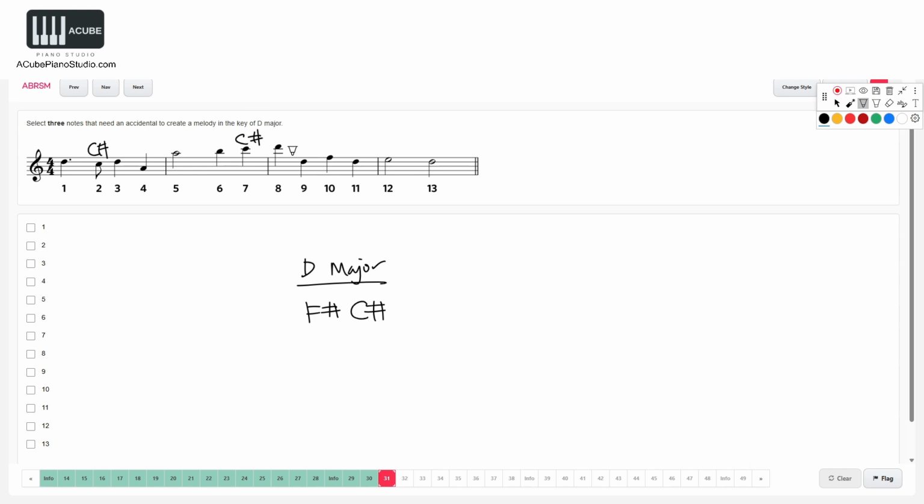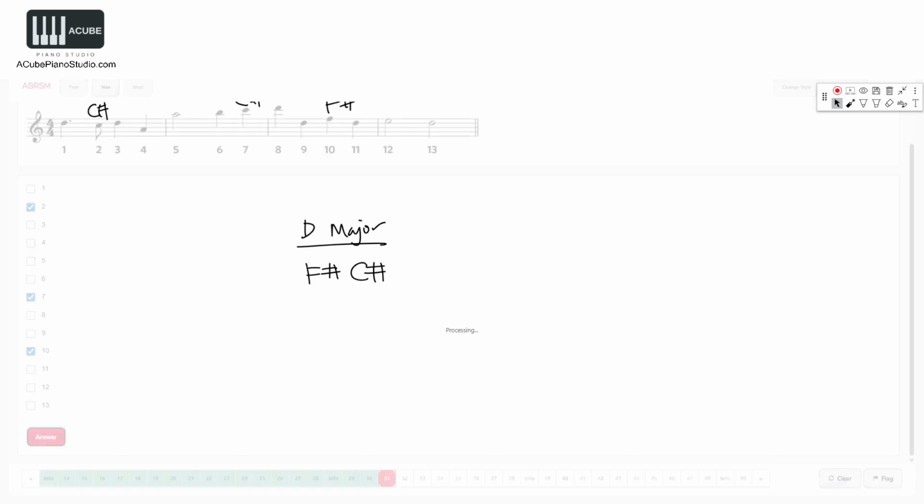C sharp again. Then this is C, then this one is D, right? This is D, D, F. F needs a sharp. Then D, E, D. So 2, 7, and 10 need a sharp because they are either C or F. 2, 7, 10. Okay? Answer.